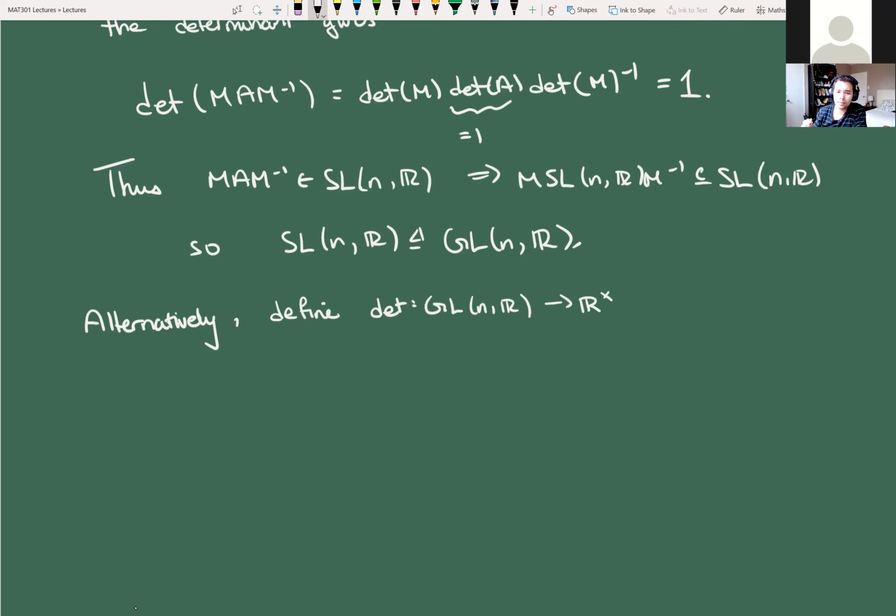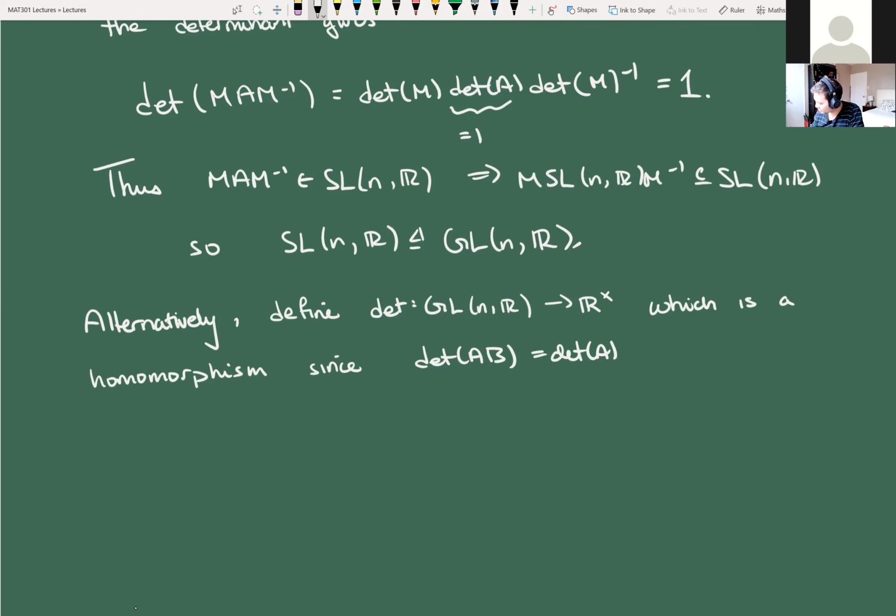I can't remember if in the book it's made clear that this is a homomorphism, but it is. The reason is precisely that the determinant of AB is the determinant of A times the determinant of B. That's precisely the homomorphism condition. So this is a homomorphism.